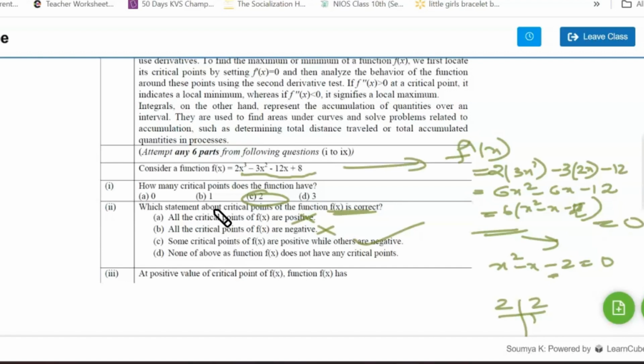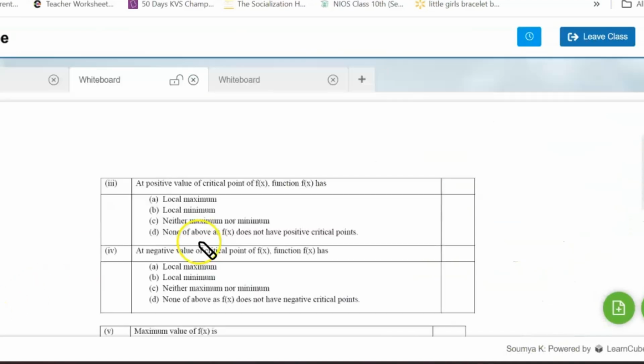Let's see the next question: at the positive value of the critical points of f of x, f of x has local maximum, minimum, neither maximum nor minimum, or none of them.